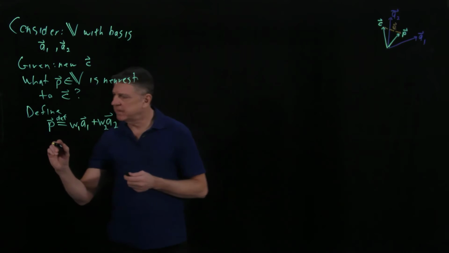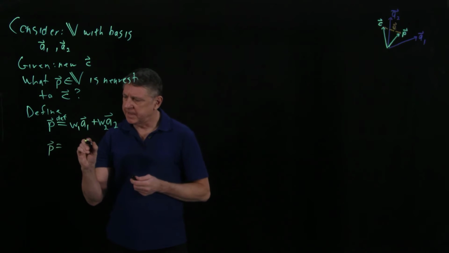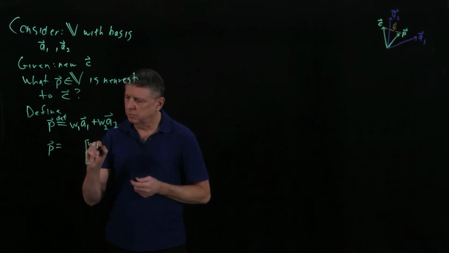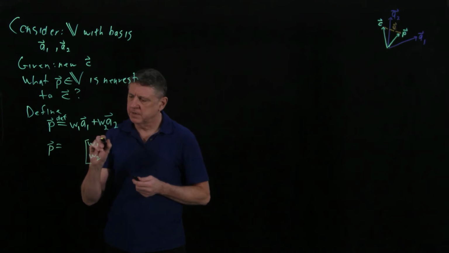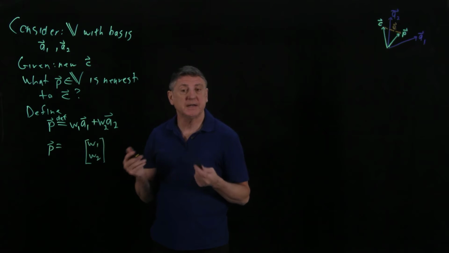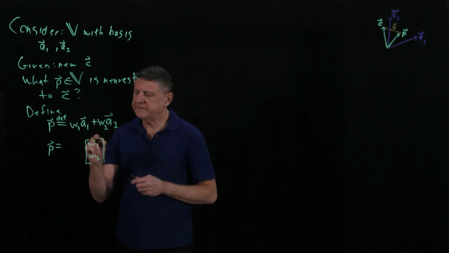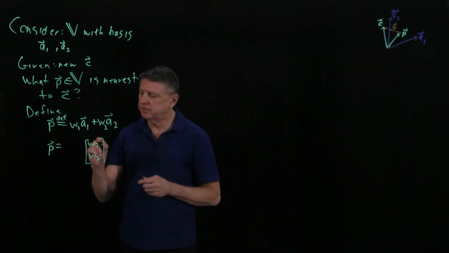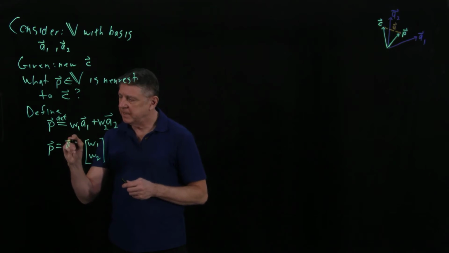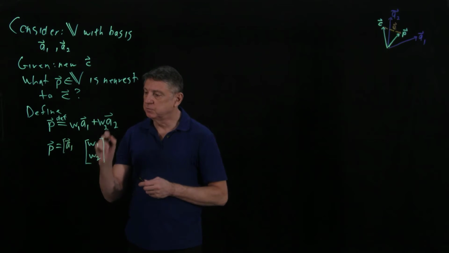So how could I write P? Well, I could write P as being W1, W2. Now, another one of my rules is when I see a bunch of vectors, I try to gather those into a matrix. How could I gather these? To get P, what is W1 multiplying? That would be A1. And what is W2 multiplied by?